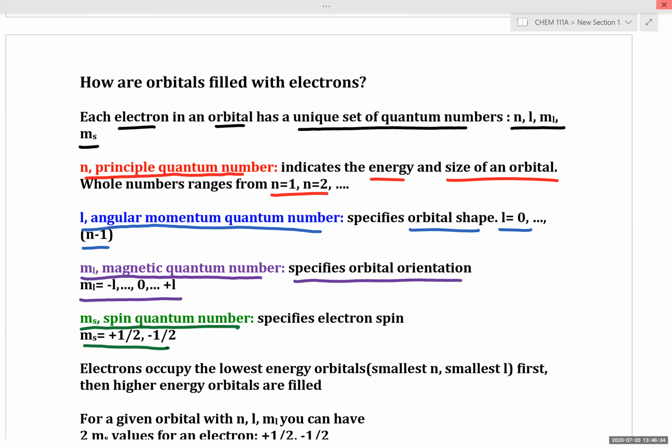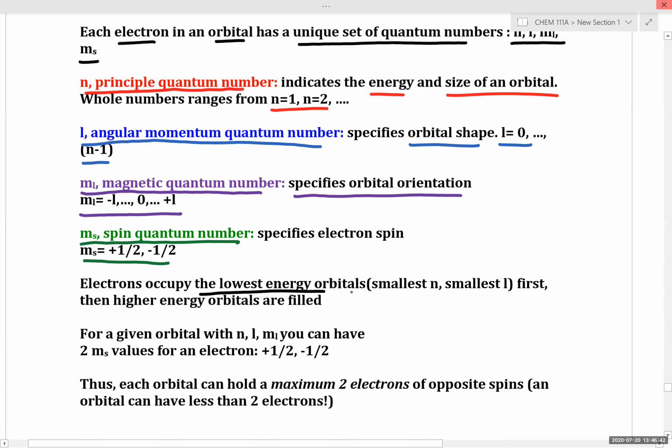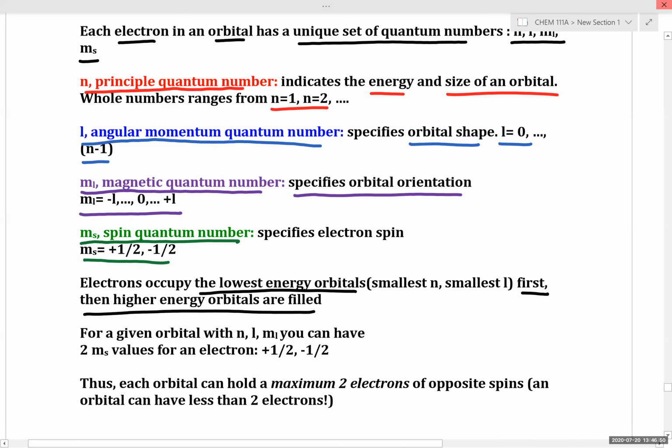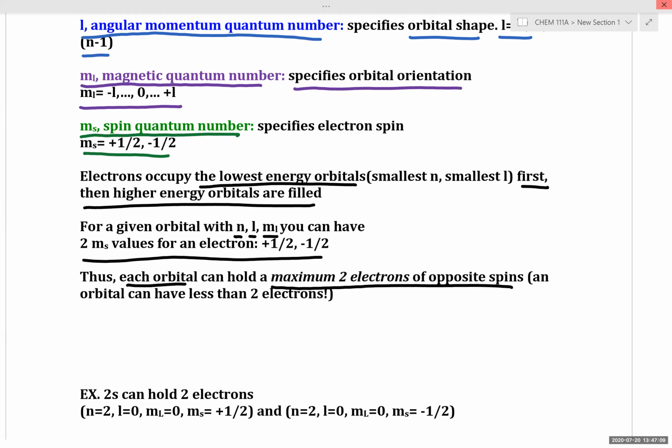Now, critically, when we think about filling orbital diagrams, electrons occupy the lowest energy orbitals first, then the higher energy orbitals are filled. For each orbital, for an n, l, and ml value, you have two possible spin quantum number values. Thus, each orbital can hold a maximum of 2 electrons of opposite spins, and that's the maximum limit. There can be fewer electrons in a given orbital.